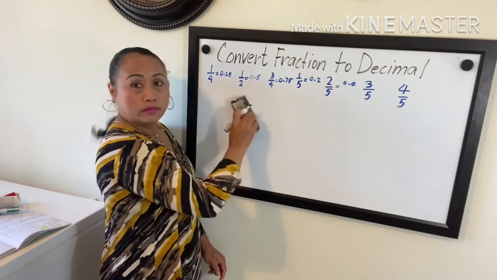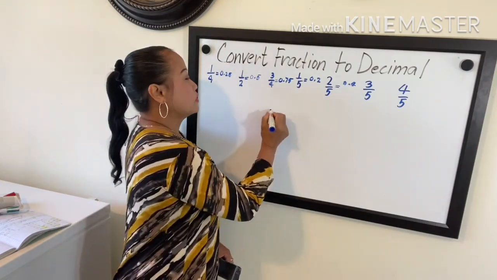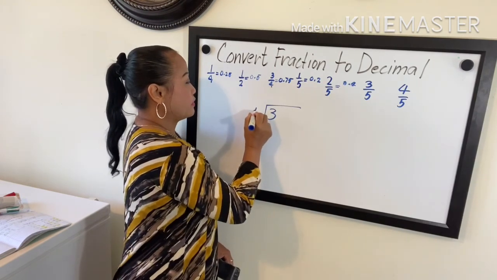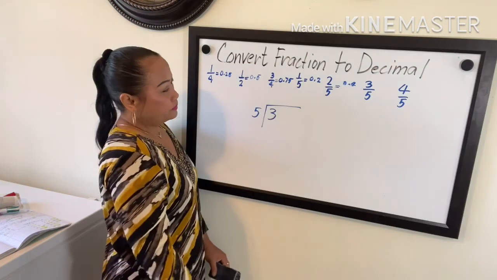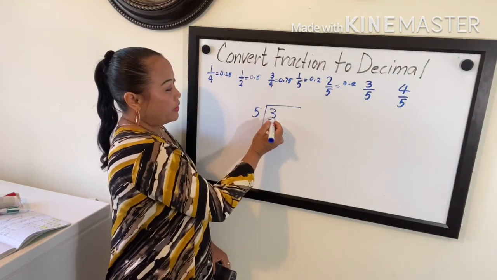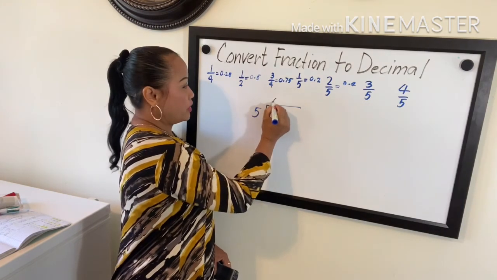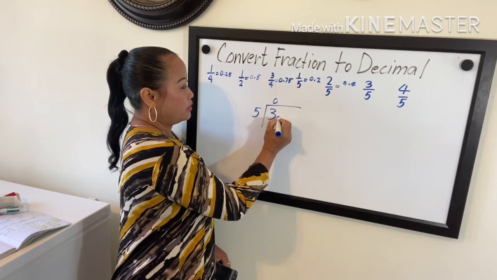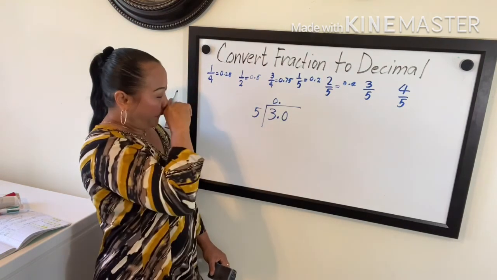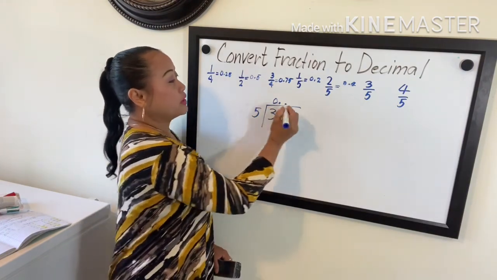Next, 3/5. So 3 divided by 5. So 3 divided by 5 is 0. Cannot be. So we'll add a decimal point straight to the top and then add 0. So 30 divided by 5 is 6.